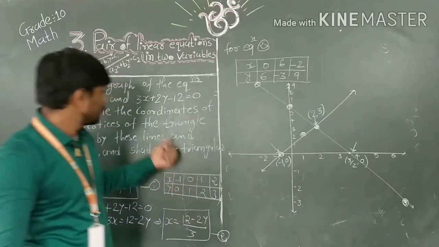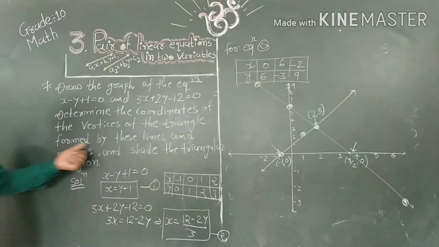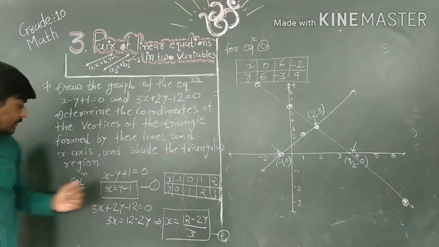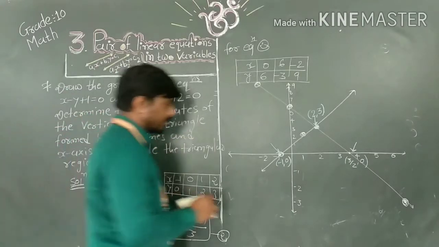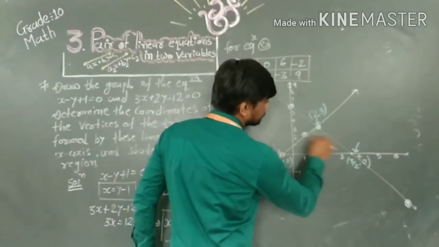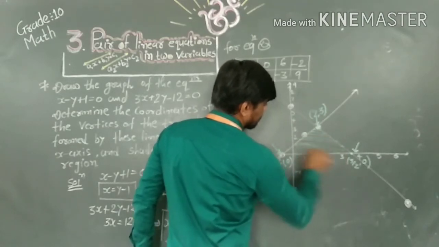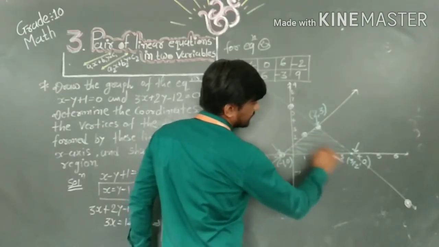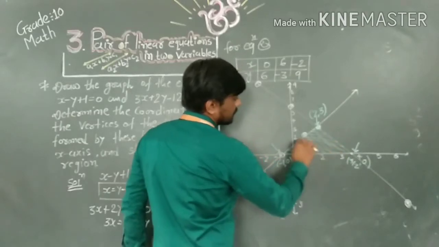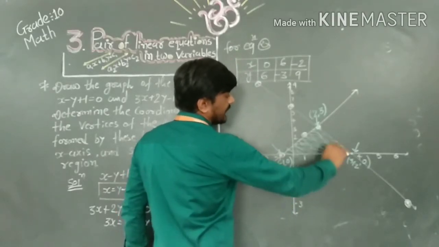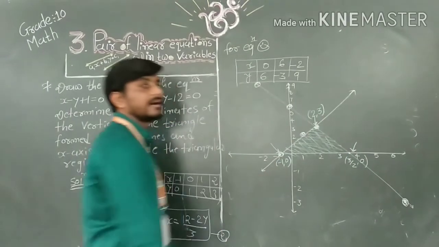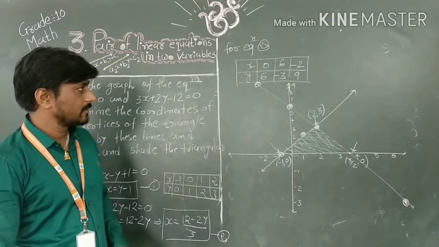Okay, and look, the triangle formed by these lines and the x-axis is the triangular region. And we have to shade that part. We shade the triangular region. Okay. This is our triangle and these 3 are the vertices of the triangle.